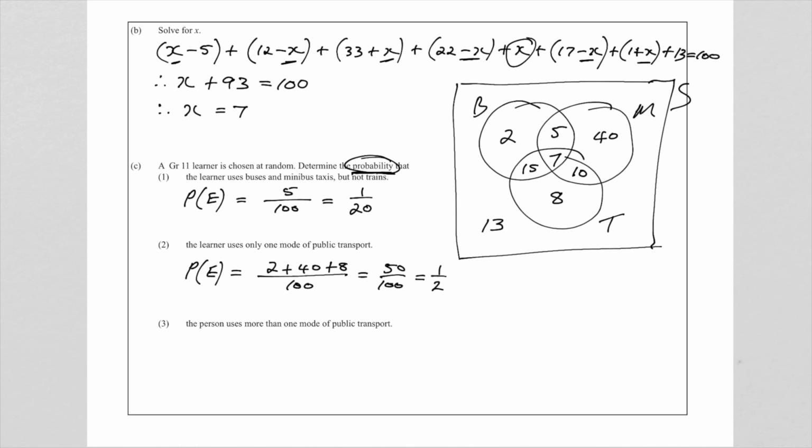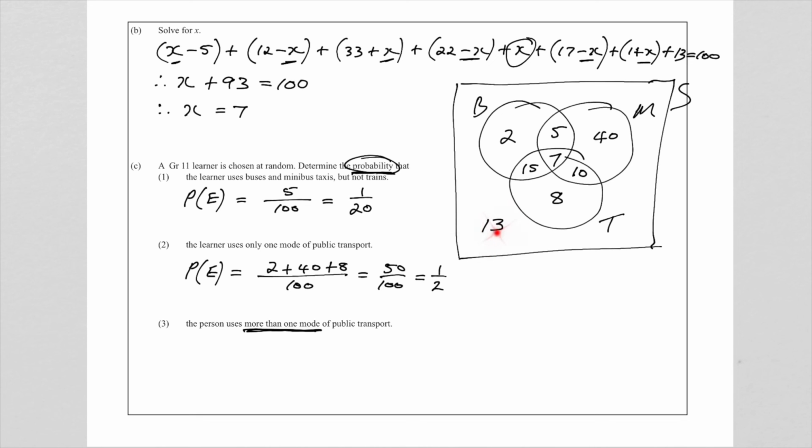For the last question, they ask us to find the probability that a person uses more than 1 mode of public transport. Now, it's very important to take note which parts are we supposed to add here. They say to us quite clear, uses more than 1 mode. More than 1 mode.